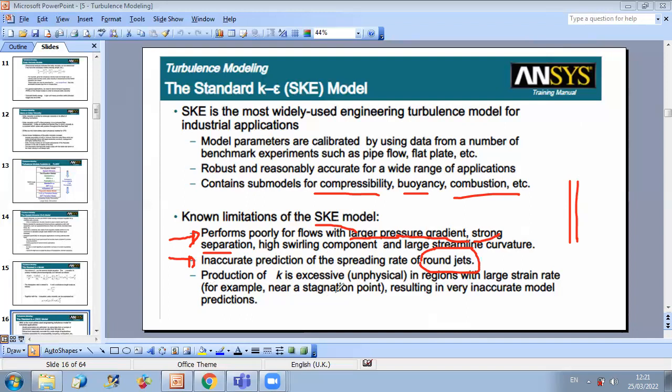So whenever, for example, you are close to a stagnation point, this model will not give you the accurate physics taking place there, and it will result in very inaccurate model predictions. So whenever you have one of these limiting conditions, do not use the standard K epsilon model.